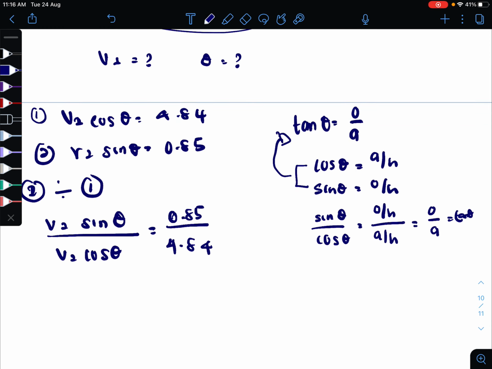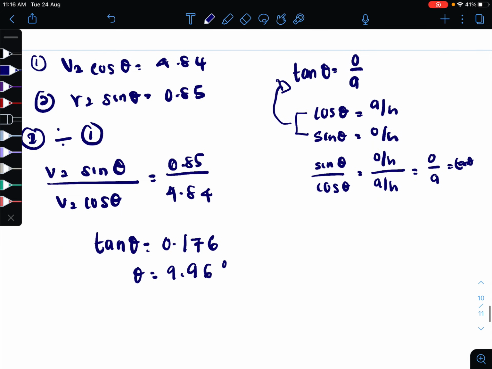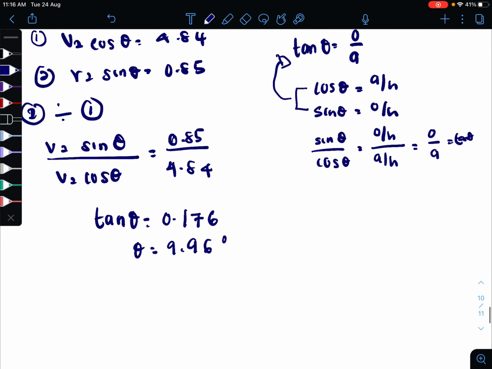Alright, so sin over cos dapat tangent. So V2 bahagi V2 dapat 1. So dapat tangent theta sahaja dekat sini. 0.85 divide 4.84. You will end up with 0.176. And then shift tangent. You should get your theta as 9.96 degree. Alright, 9.96 degree dekat sini.